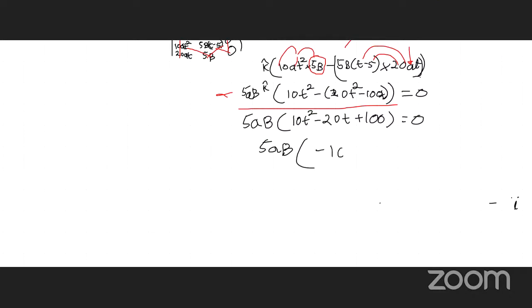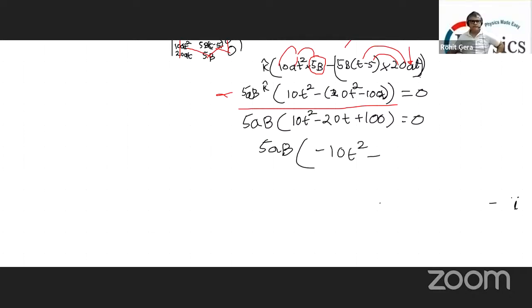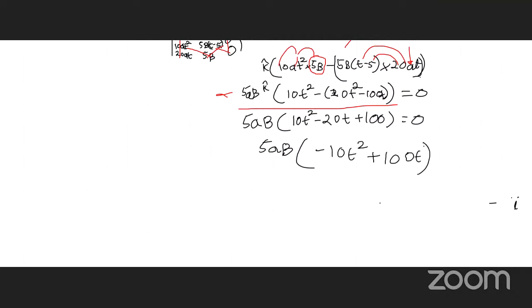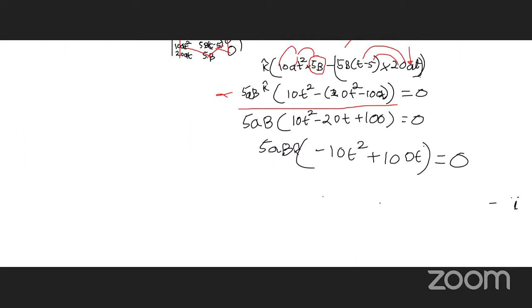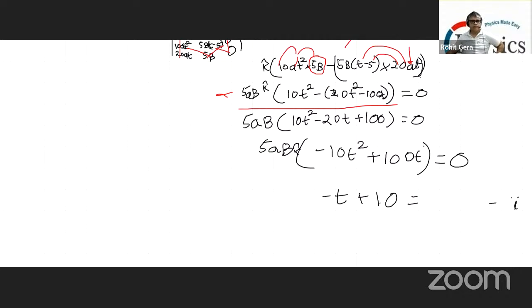Minus 10 t square, 100 t, k cap, minus t plus 10 equals to 0, t equals to 10 seconds.